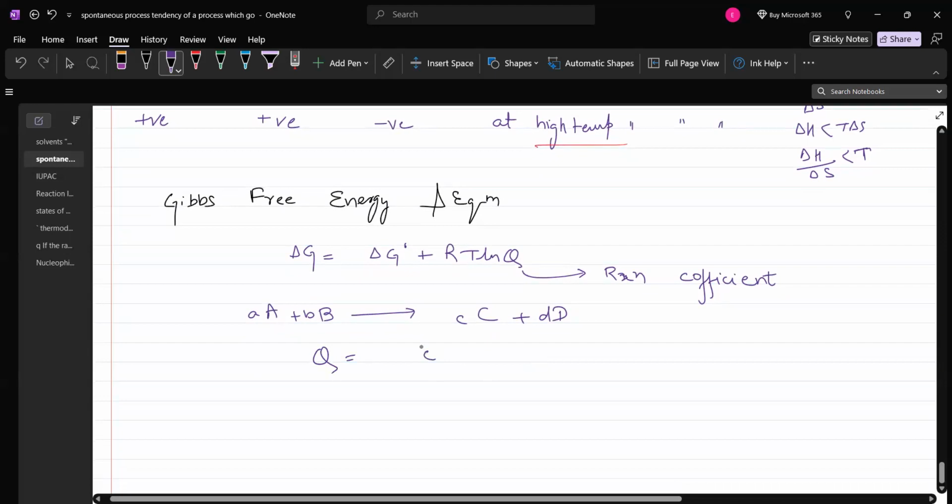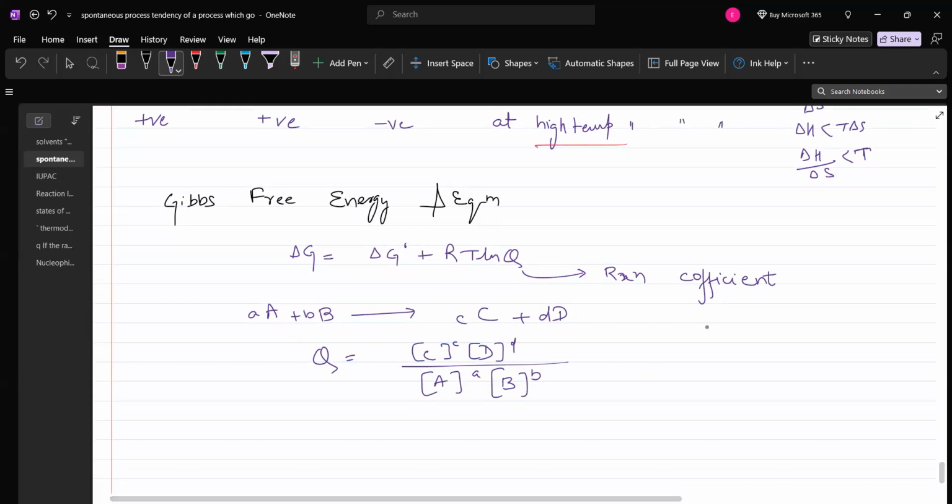So this is it. This is coming in equilibrium chapter, so you don't have to worry about it. Okay, so this is reaction coefficient. This is the concentration.